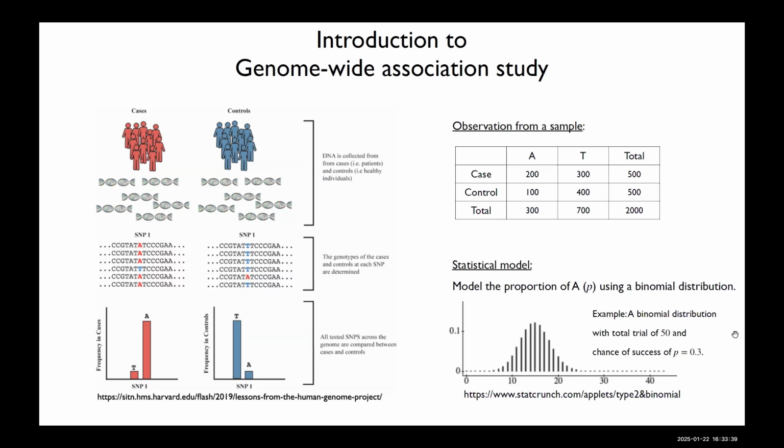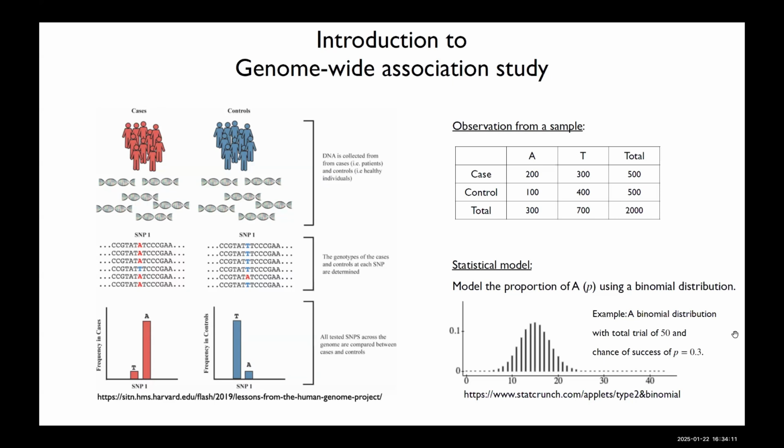And we make an assumption that the probability of observing A is the same for all trials, or all individuals in cases and in control. And then we also make another assumption that each trial is independent, meaning that observing an A in one individual is not affected by observing an A in another individual.